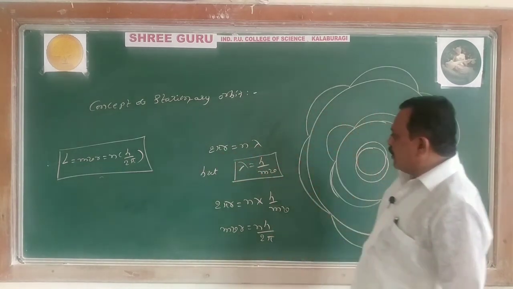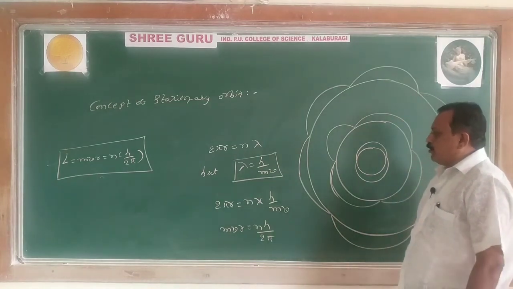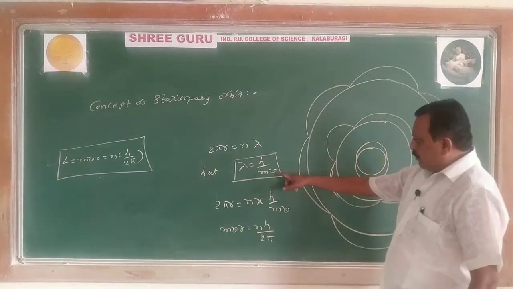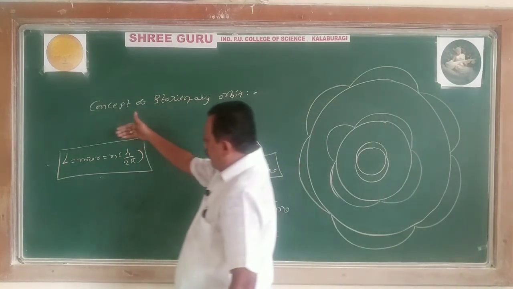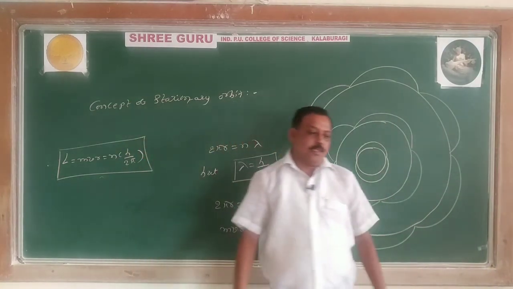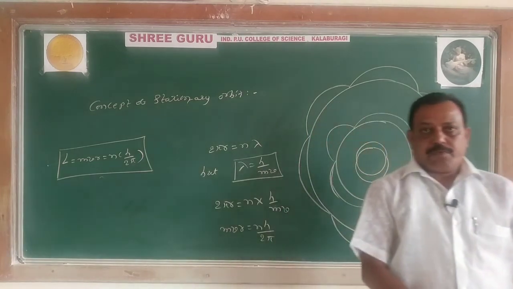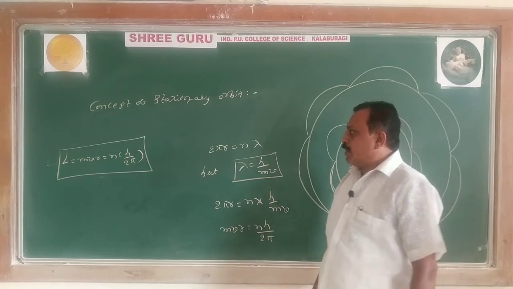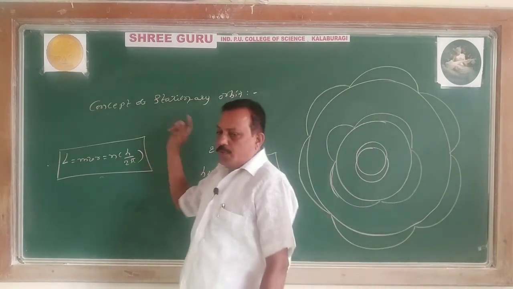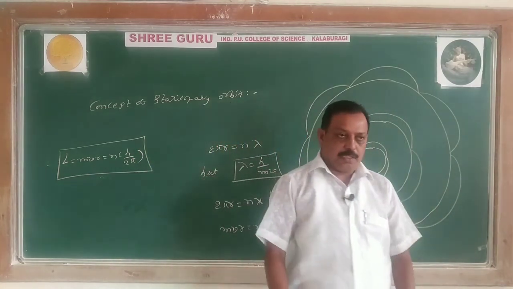Then we take the de Broglie wavelength, lambda equals h by mv, substitute lambda, then make the systematic arrangement. Final conclusion: the angular momentum of an electron in a stationary orbit is equal to an integral multiple of h divided by 2 pi. Now this is our equation.